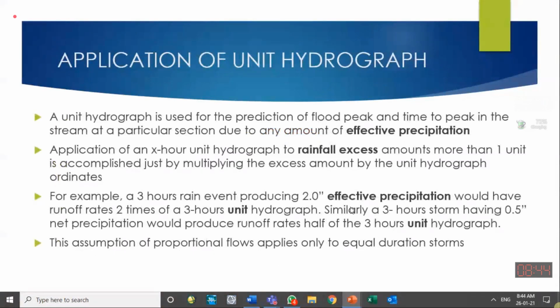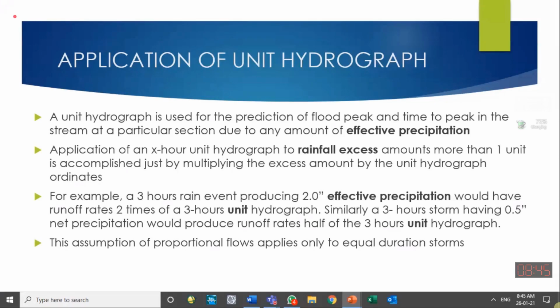Okay, application of the unit hydrograph, where we use it. This unit hydrograph is the representation of the behavior of the catchment. So if we have a unit hydrograph made by somebody for the storm duration in which I am interested, then that unit hydrograph is used to calculate the direct runoff for an effective rainfall of other values.